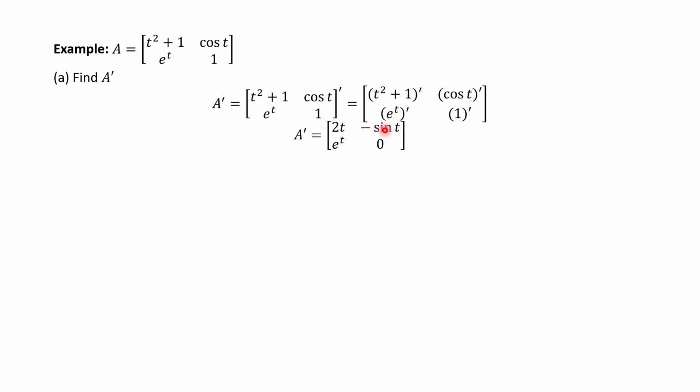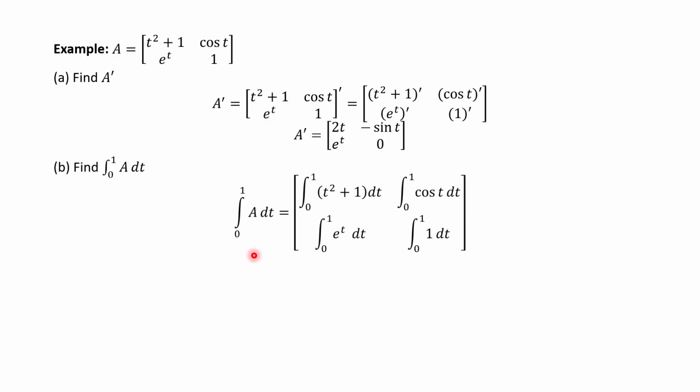The entry in row 1, column 2 is just the derivative of cosine, which is negative sine t. The derivative of e to the t is e to the t. The derivative of 1 is 0. So really straightforward, just differentiate each term when you're finding the derivative of your matrix. And by term, I actually mean each entry. Differentiate each entry.